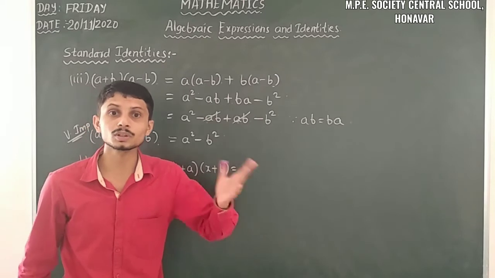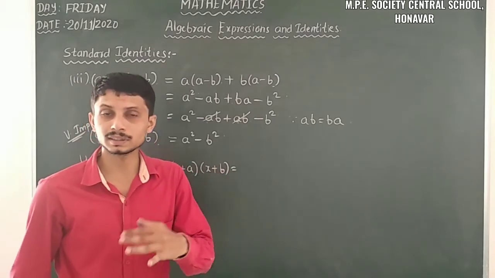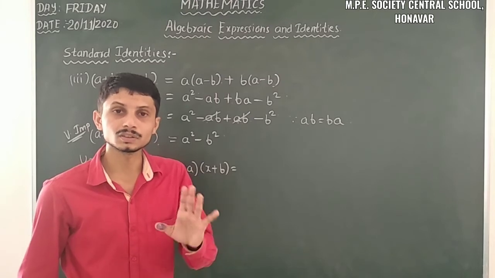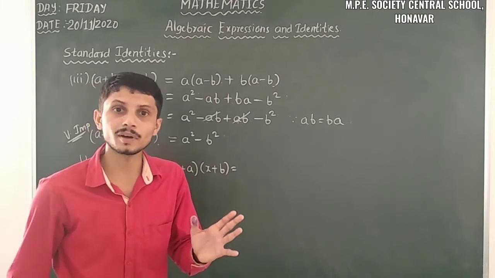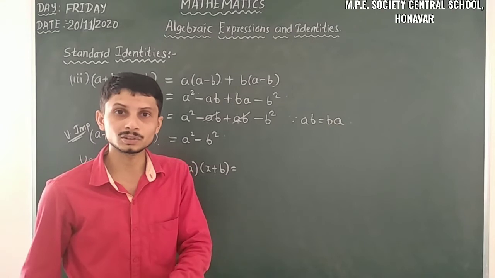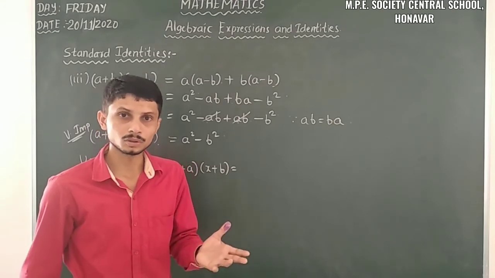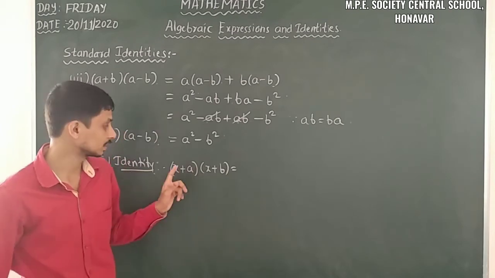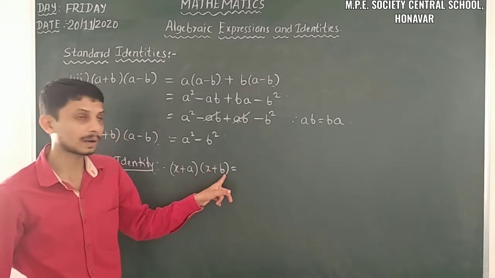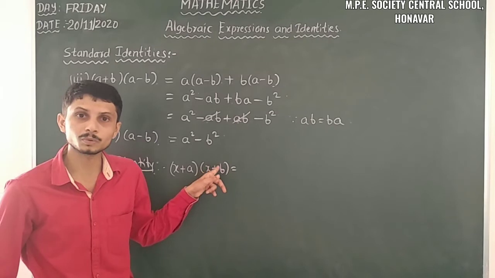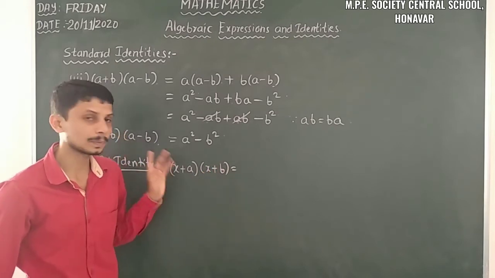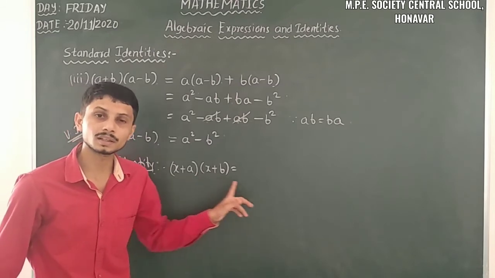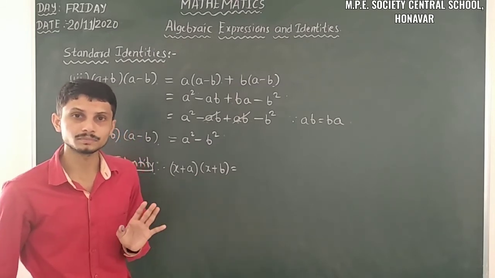Before discussing the standard identities, I gave one expression, where we inserted the values of x as 1, minus 2 and 0. That expression is nothing but the same expression, (x plus 3) into (x minus 2). In place of b we put minus 2, in place of a we insert plus 3. So then the equation looks the same.